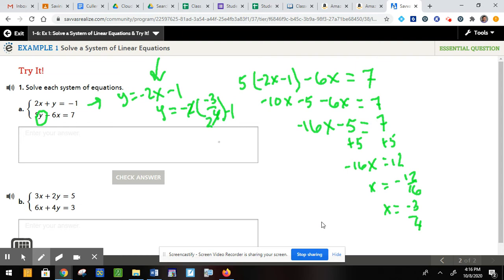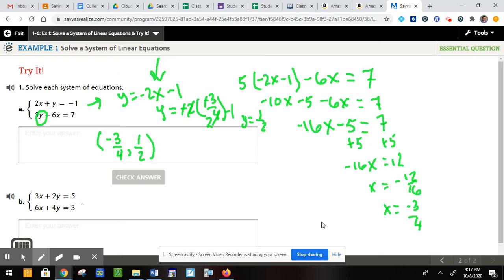All right, so that will cancel out there. The negatives actually would make it a positive. So it'd be 3/2 minus 1. Y would then equal 1/2. All right, so the ordered pair here would be negative 3/4, 1/2. Okay.